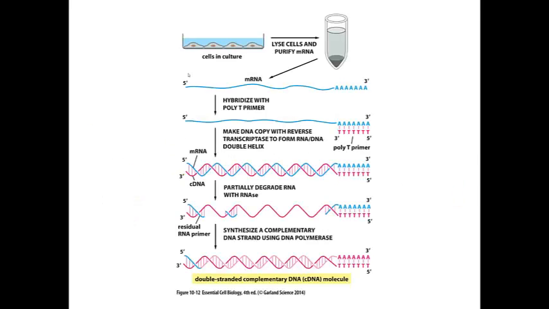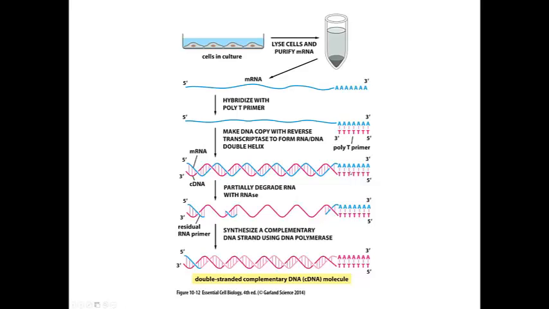Sometimes a genomic library is really useful, but sometimes another kind of library called a cDNA library is useful. cDNA means complementary DNA, and it's made from mRNA in the following way. mRNA is isolated from cells, and you provide it with a primer that's just a poly-T that will hybridize to the poly A tail of mRNA.